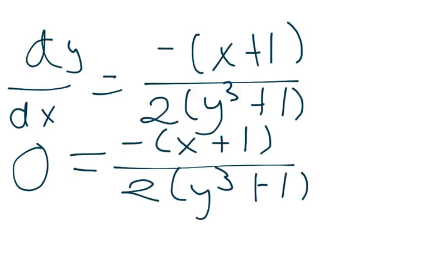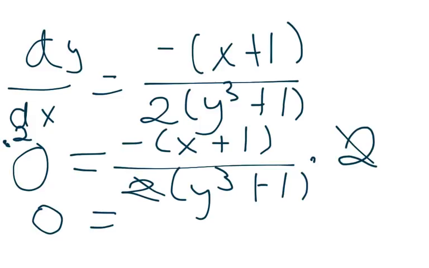Then we multiply by 2. So this cancels off, and multiply the other side by 2, and it's 0. So it's 0 equals. So we distribute the negative to the parentheses.